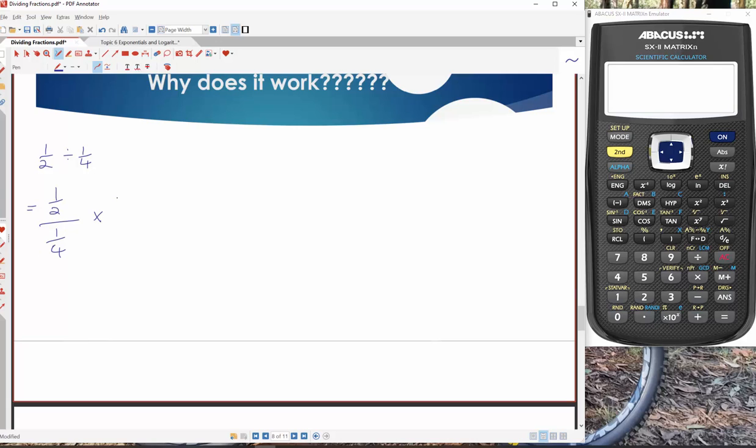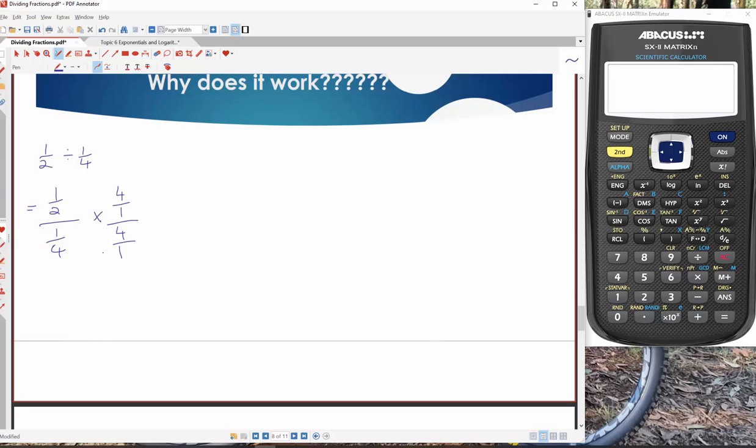So I'm just going to choose to multiply this by 4 over 1 over 4 over 1. Now you might note that this is actually the same as just multiplying by 1, because it's 4 over 1 going into 4 over 1, which goes in 1 time.